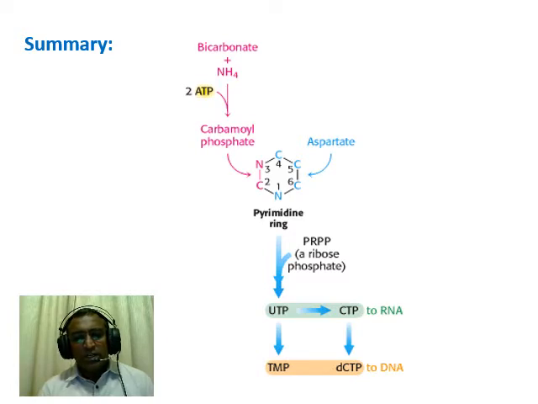That means these 2 members of the pyrimidine structure are contributed by carbamoyl phosphate.